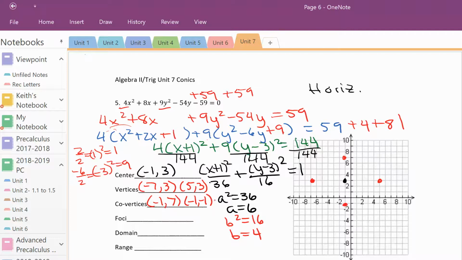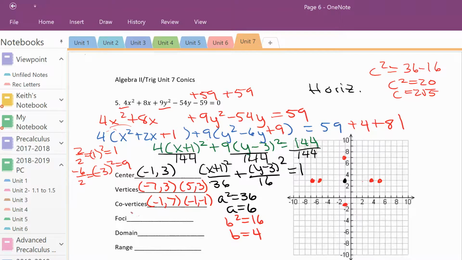For the foci, we use the fact c squared equals 36 minus 16, so c squared equals 20. So c equals 2 root 5. Remember, that's going to go left and right because it's horizontal, so I go about 4.5. 1, 2, 3, 4.5 there, and 1, 2, 3, 4.5 here.